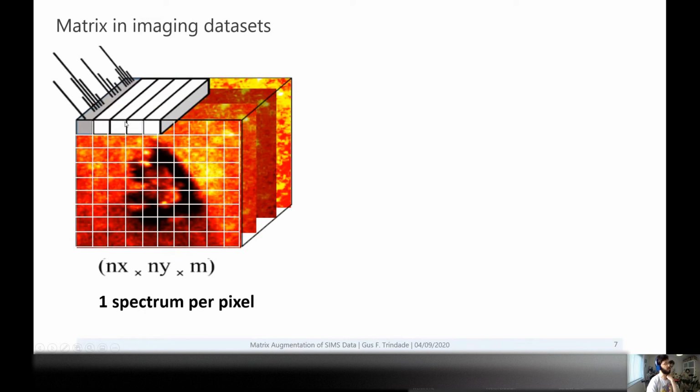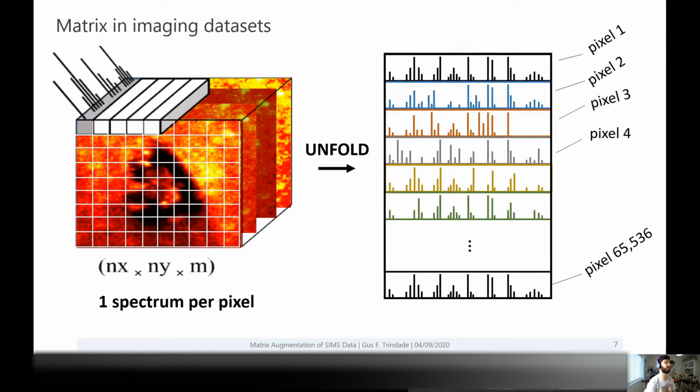At each pixel of your image, you can get the information from all the secondary ions. So you have a full spectrum going in this direction here. So what we do is we unfold this. For each of those pixels, we get the spectrum and put it in a row, right? And then we construct exactly the same matrix. Each row now is a pixel, and each column is again an ion, a variable.